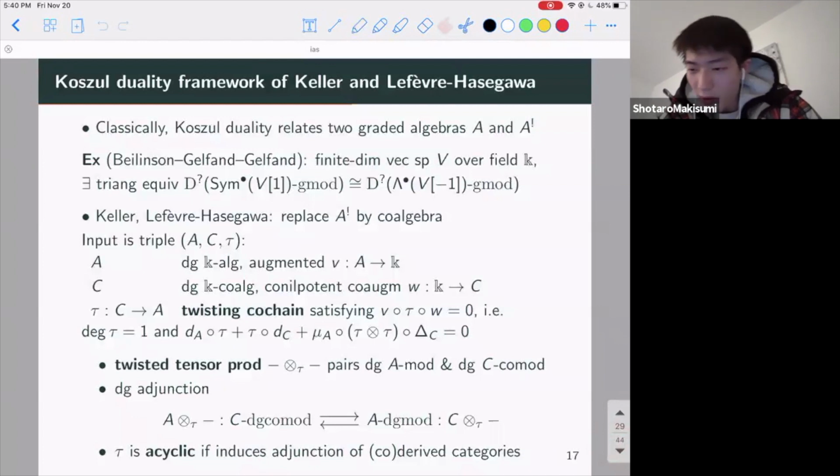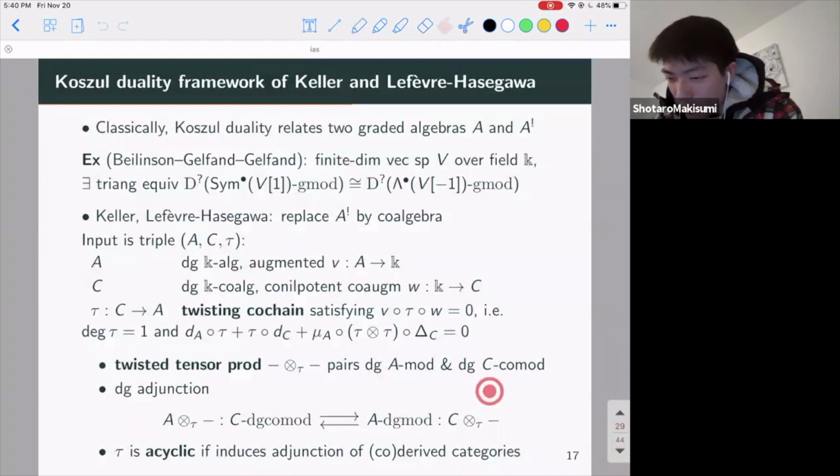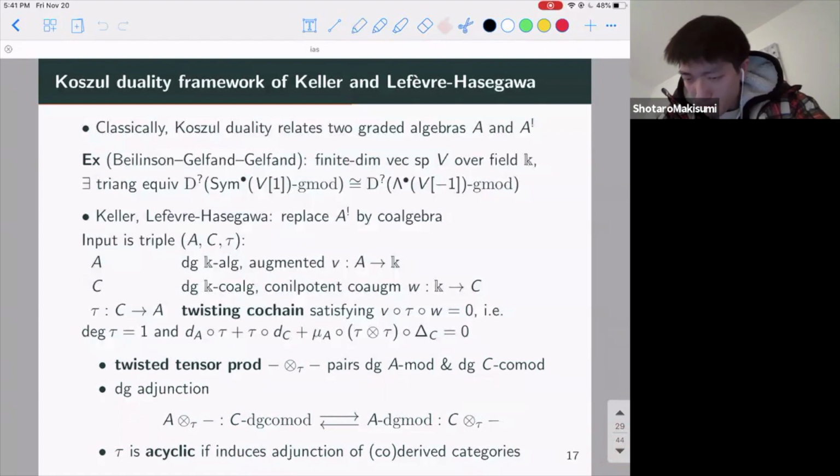From this data, there's always a way of taking a DGA module and a DGC comodule and tensoring them together using the twisting cochain. It's called a twisted tensor product. In particular, you can take any C comodule and tensor with A. That gives you a module, and vice versa.